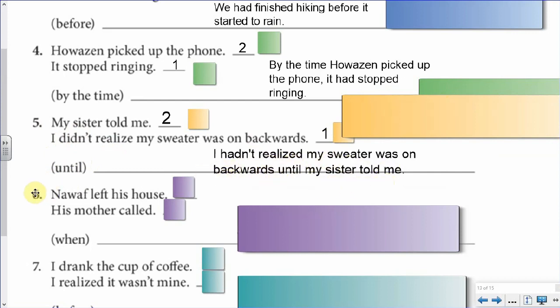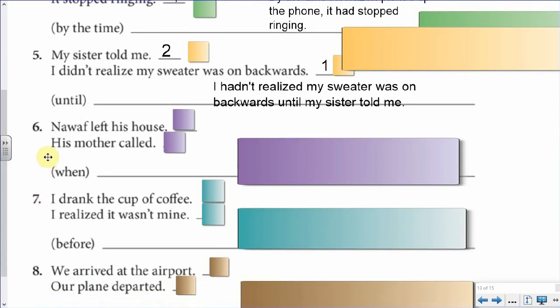Number 6, Nawaf left his house and his mother called. Which one happened first and which one happened second? Quickly shout it out. First is Nawaf left his house, and second is his mother called. So here we have when. Please construct this.